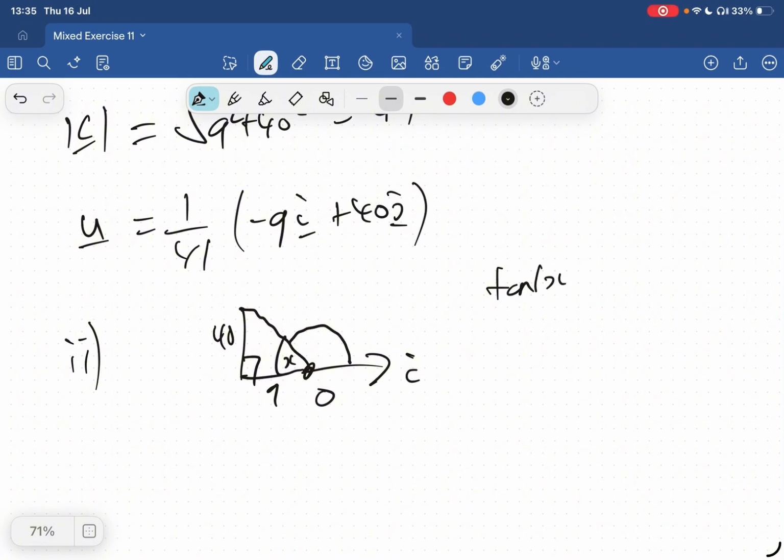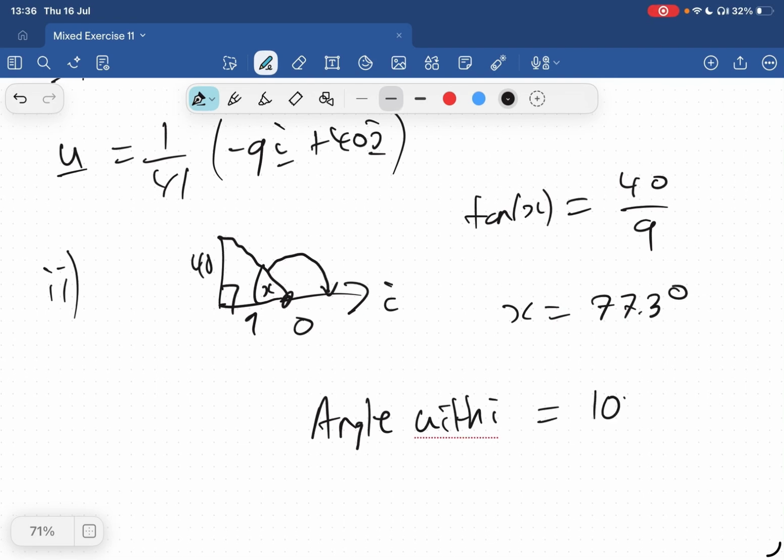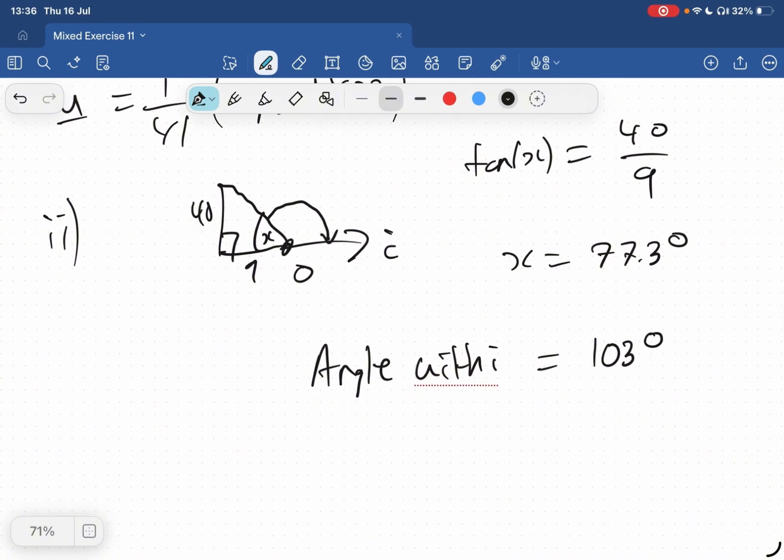Tan of x is opposite over adjacent, so x is tan inverse of 40 divided by 9, which gives us 77.3 degrees. But we want the angle it makes with I, so the angle with I equals 180 take away that, which is 103 degrees. And yet again, we label it above, because you could have 103 degrees going below.